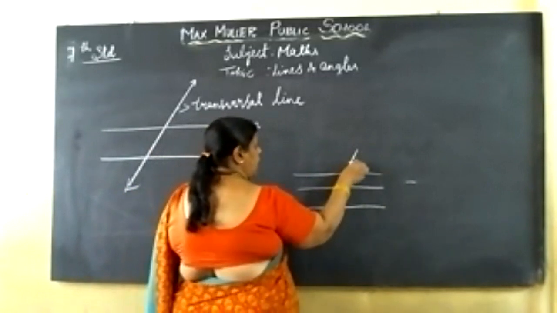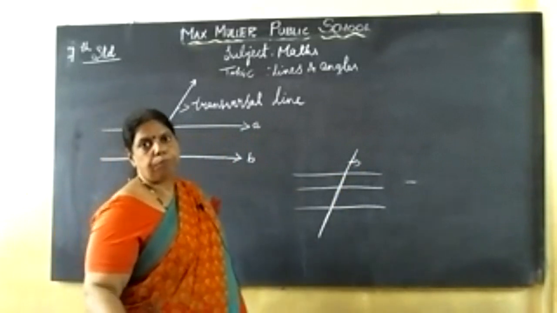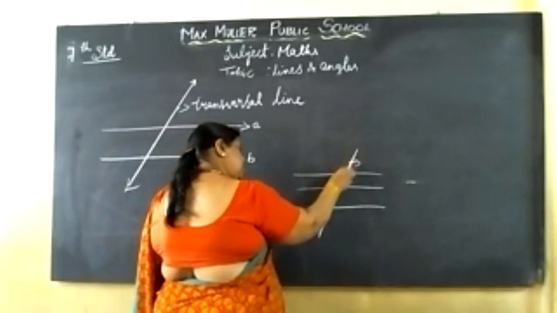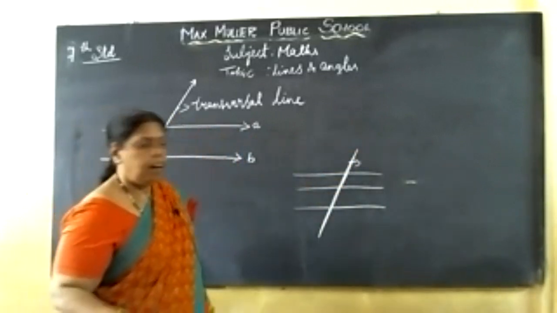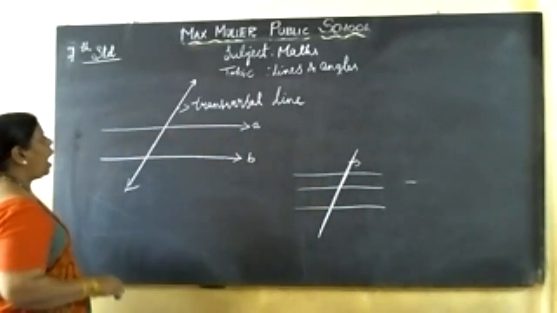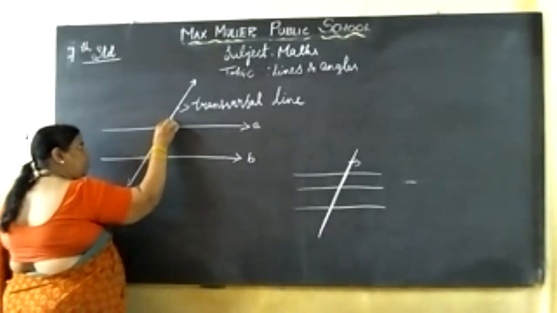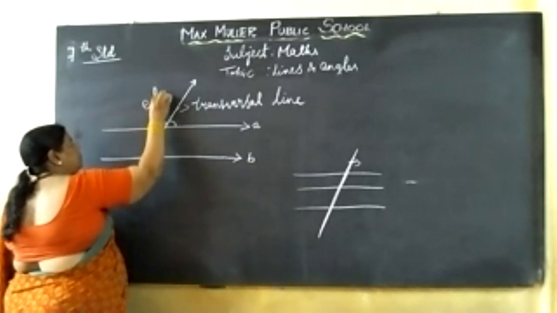This line is called the transversal line, at distinct points. Here you have angles. See, this outer angle is called exterior.